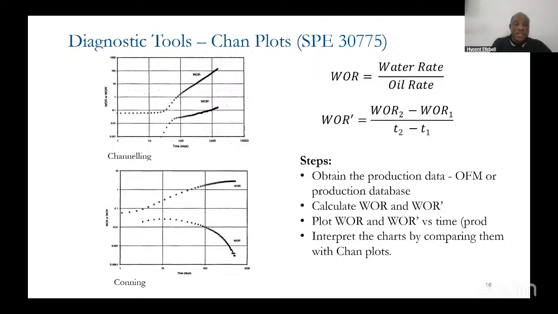The derivative of water oil ratio goes up, right? That signifies channeling. Then the second one, you see the derivative goes down. Can you see the curve down? So that tells us that there is coning in this well, in a well with this kind of profile.